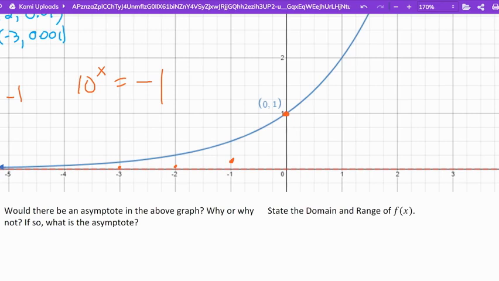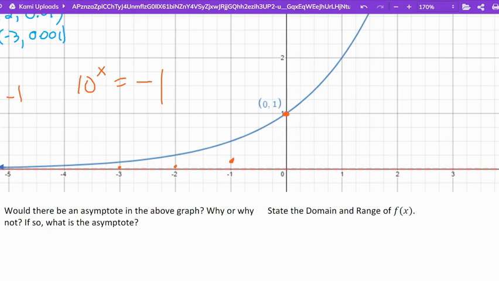I'm taking out my calculator. Okay. So what you're saying is 10 to the power of negative. Oh, it's telling me it's undefined. It's too big. 10 to the power of, what if I just go negative 100?